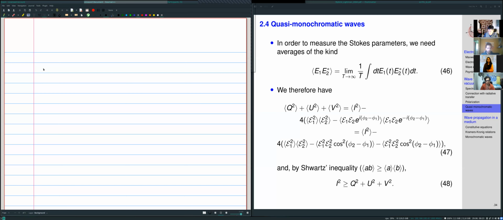So we have that the product of epsilon 1 squared, epsilon 2 squared, because these are statistically independent, okay? And the same for the modulus and the phase. So we have epsilon 1 squared, epsilon 2 squared, times cos phi squared.